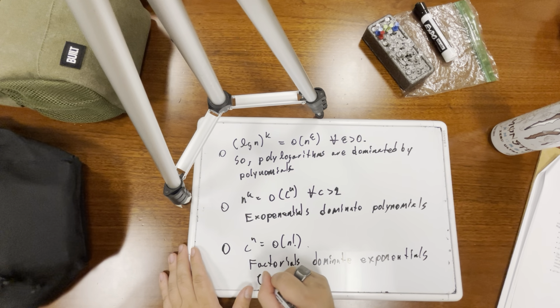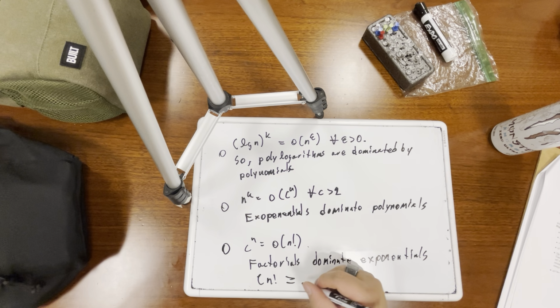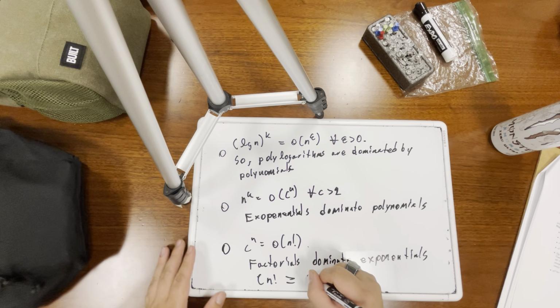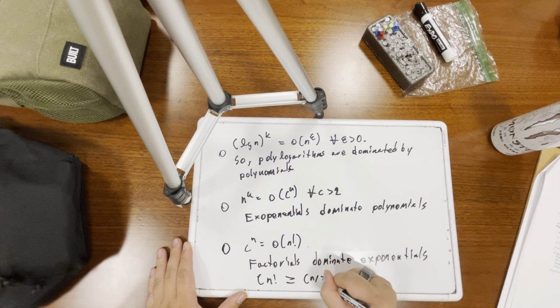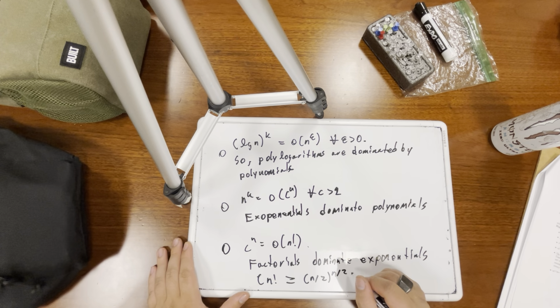There's one example here: n factorial is greater than or equal to (n divided by 2) to the n divided by 2.